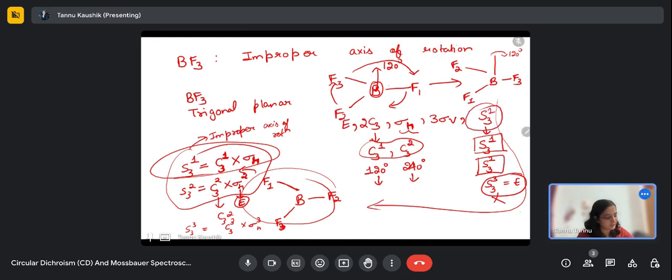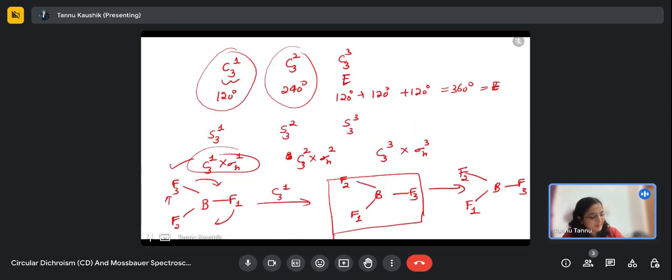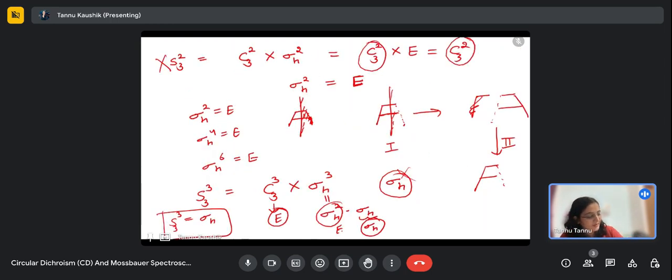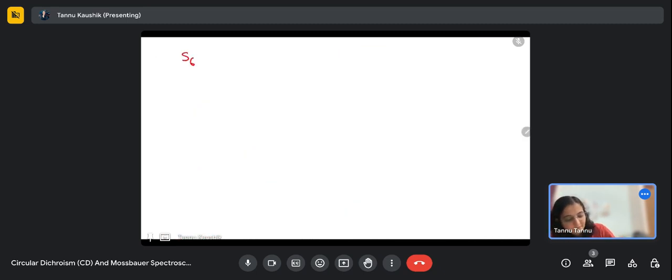So you were right here that S33 is equivalent to sigma h, S32 is equivalent to C32, and we have this S31 improper axis of rotation. So you have to write all the possible ones. For example, if you are saying that you have an S6 improper axis of rotation, then you will have to write S61, S62, S63, S64, S65, S66.